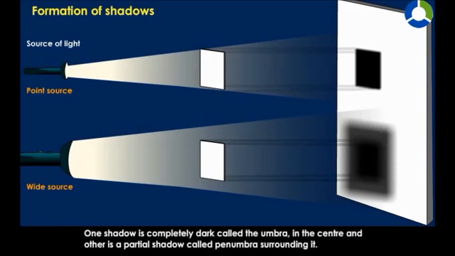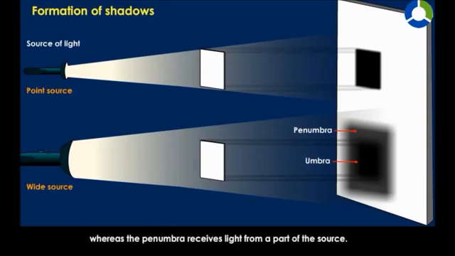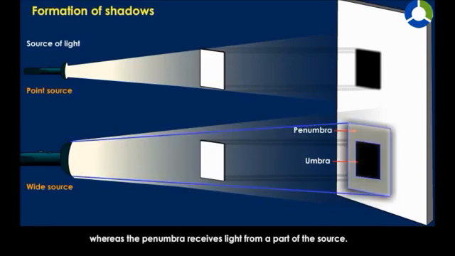One shadow is completely dark, called the umbra, in the center, and the other is a partial shadow called penumbra surrounding it. Notice that the umbra does not receive any light from any portion of the source, whereas the penumbra receives light from a part of the source.